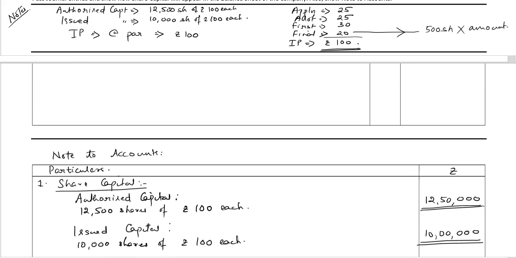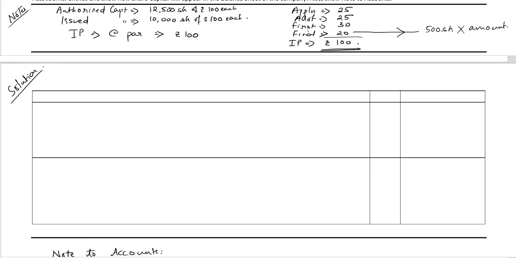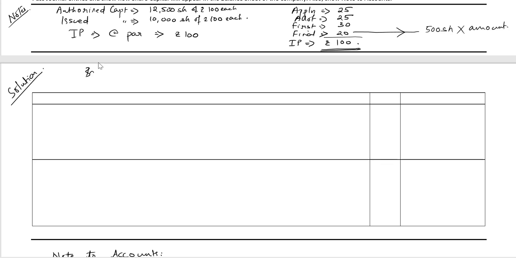We'll go on top to complete the balance sheet. Balance sheet of BT Limited as at 31st March. We don't know the date. We have particulars, note number, and a rupee column.